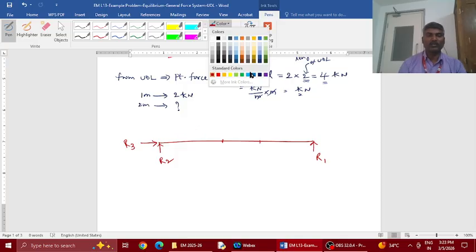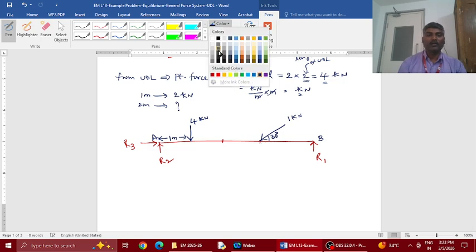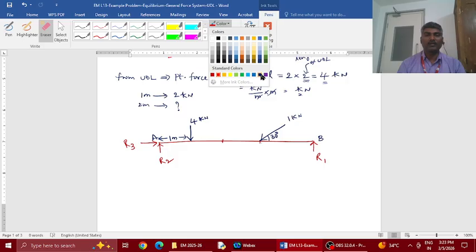Now I remove that UDL and place a point force, the calculated total value of 4 kilonewton, which is 1 meter from this end. Now there was a 1 kilonewton inclined load at 30 degrees. So that is resolved into two rectangular components.